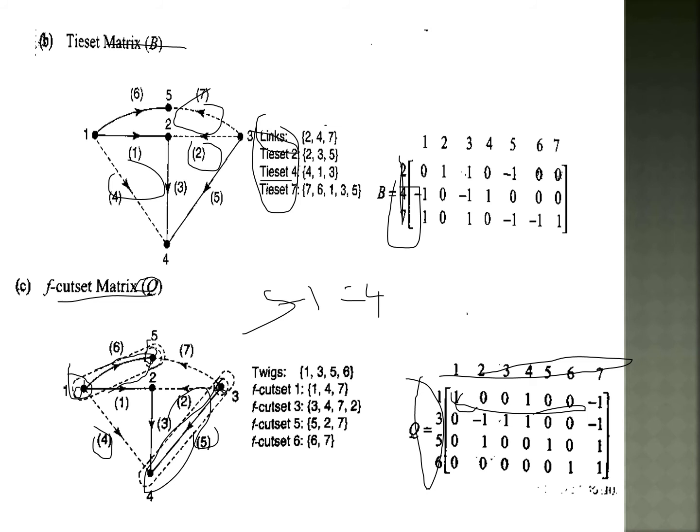So 4 cut sets are there. 1, 3, 5, 6 are the cut sets, and 7 are branches. This is the representation of the matrix. The twigs are 1, 3, 5, 6. The cut sets are 1, 4, 7. This is the order of the cut-set matrix.